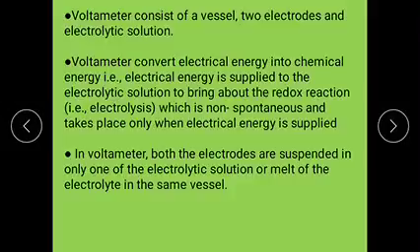A voltameter converts electrical energy into chemical energy.